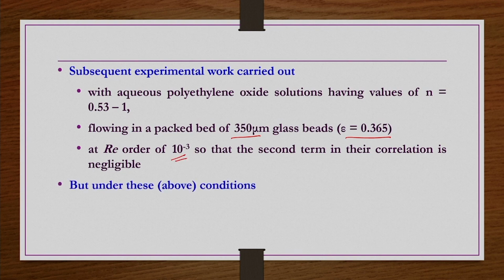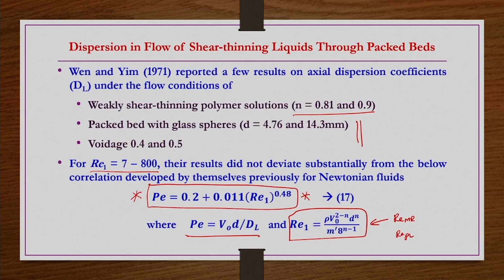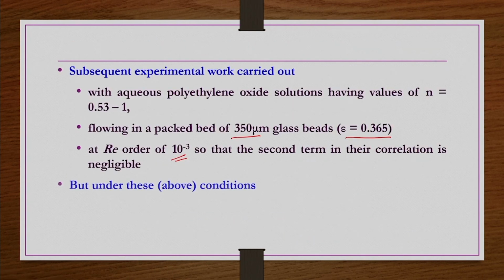So, in this correlation they later did experiments at very small values of Reynolds number. The term is Reynolds number to the power 0.48 multiplied by 0.011. If the Reynolds number is small, then obviously the Peclet number is going to be constant. That they also did.